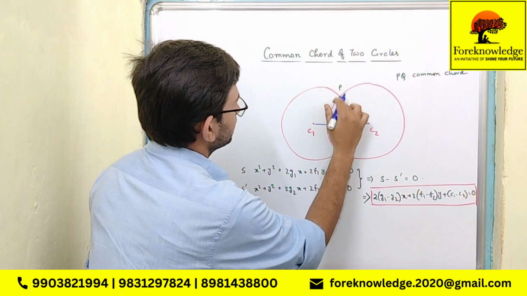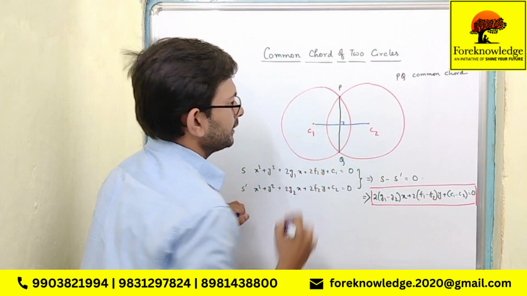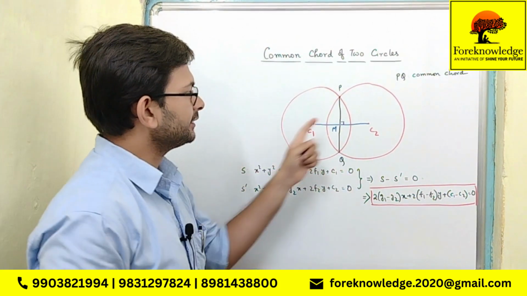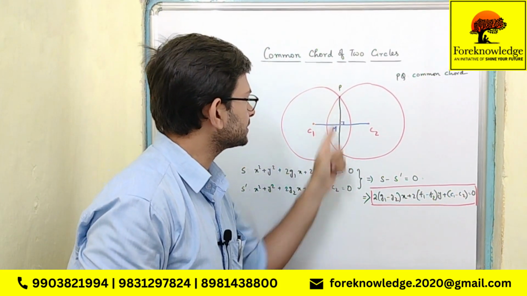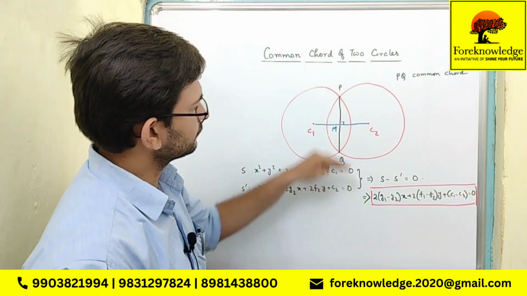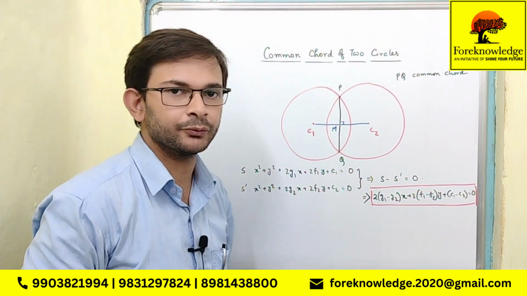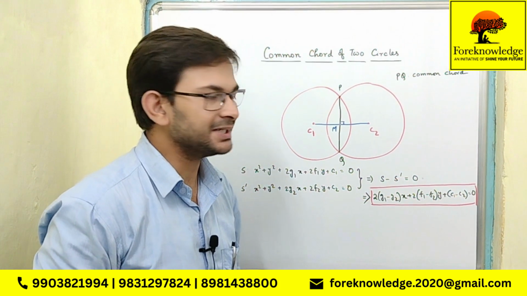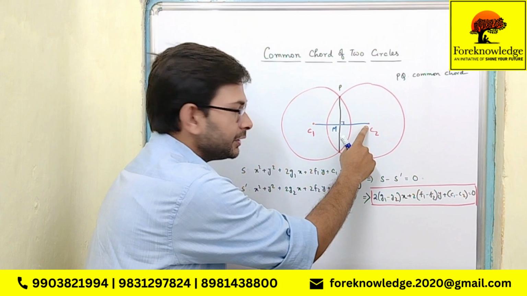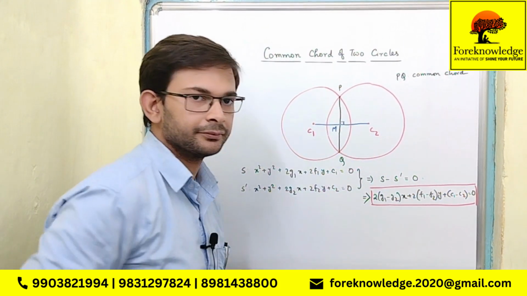So, at this point M, the PQ is perpendicularly bisected into two parts. One is PM, another is MQ. Why bisected? Because from C2, the center, we are drawing a perpendicular on the chord.